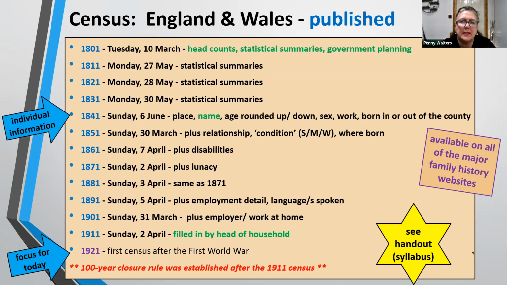And again, these are just statistical summaries. So basically, from 1841, the census started including people's name. So in the UK, from 1841, we've got names.